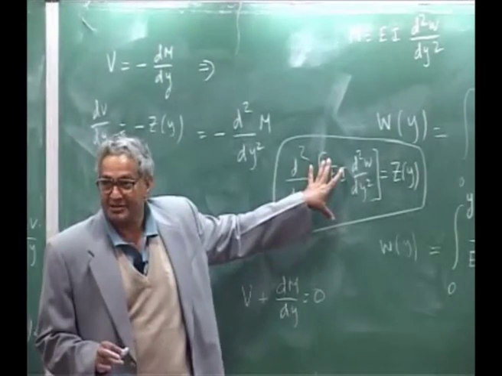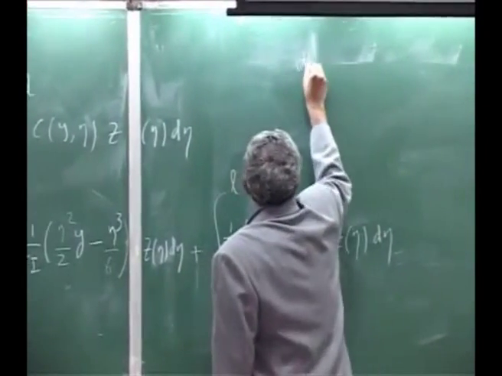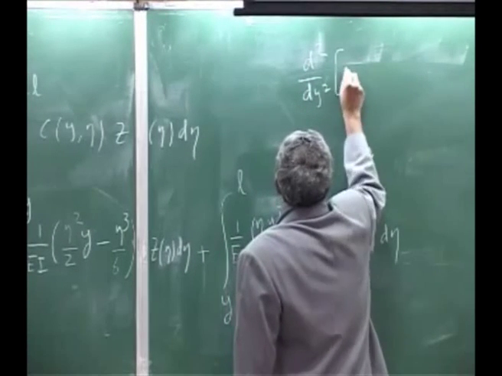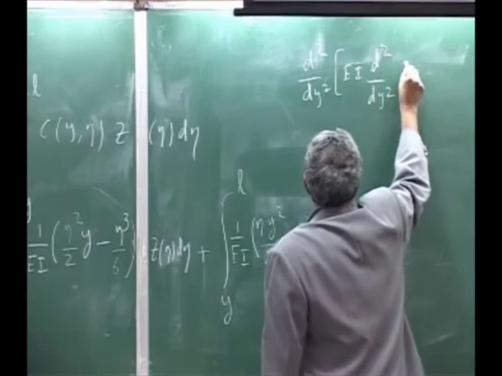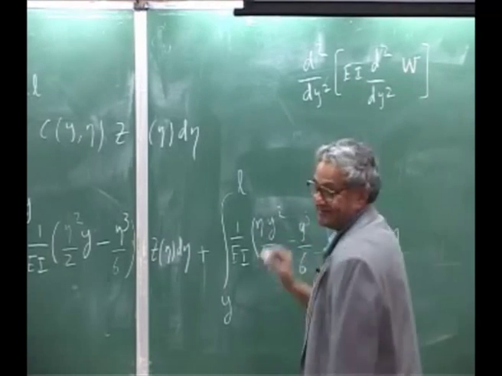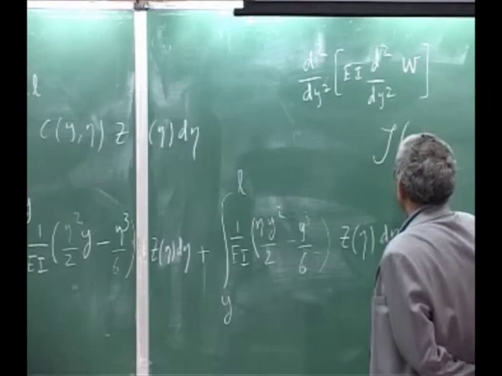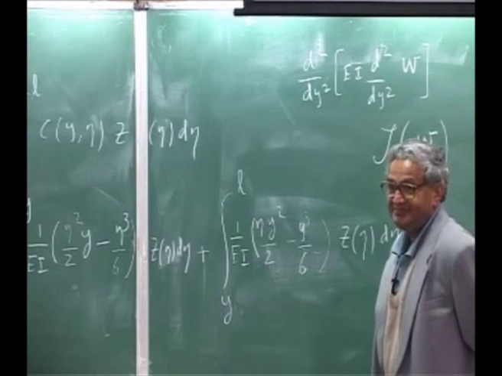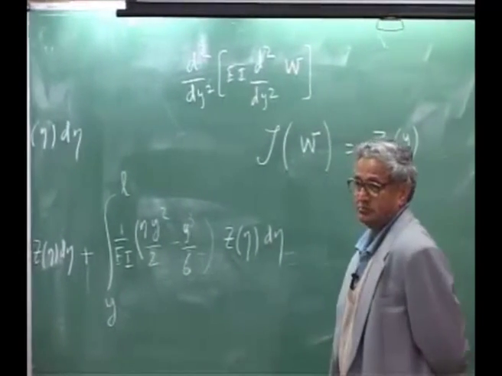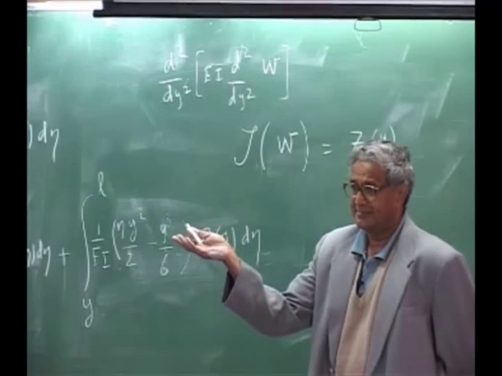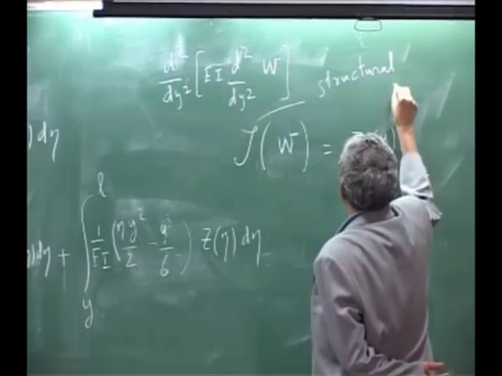This is a differential operator, which we can write as d square by dy square EI, operating on W, right? So you may call this the structural operator. The structural operator operating on W gives me the distributed load.